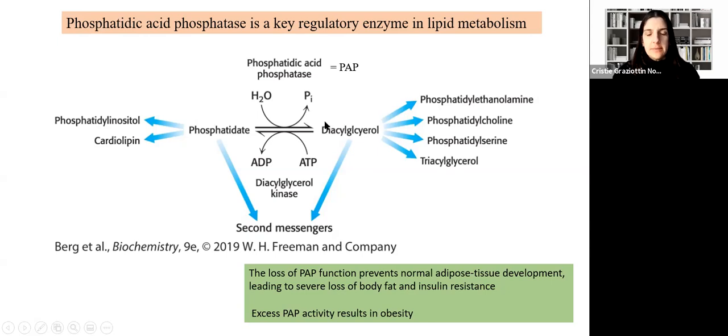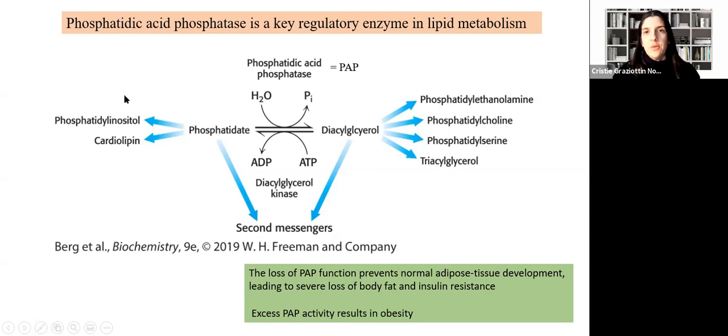On the other side, when we have a lower activity of phosphatidic acid phosphatase, then phosphatidate can be used for the synthesis of cardiolipin or phosphatidylinositol.